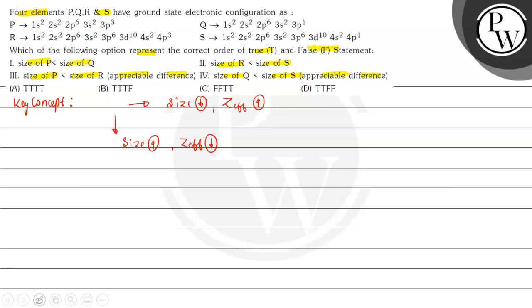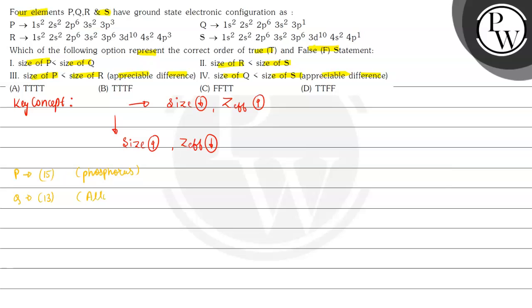Let's talk about P first. The atomic number of P is 15, so P is phosphorus. Next we have Q. For Q, the atomic number is 13, and this is aluminium.